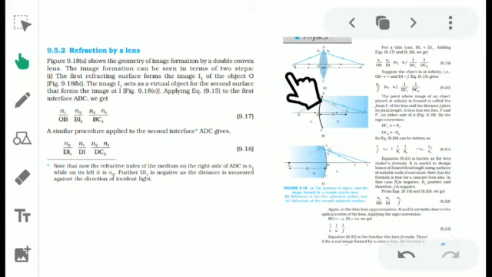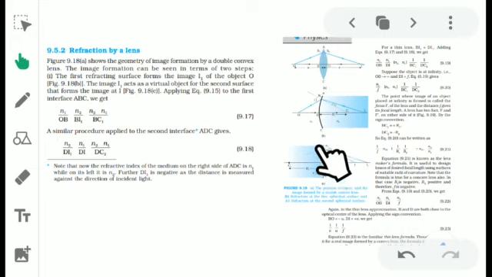Here the light is coming from the object O and incident on the surface ABC. After that it is refracted, and the image is formed here at I1, and this image acts as the object for the second spherical surface, that is ADC.